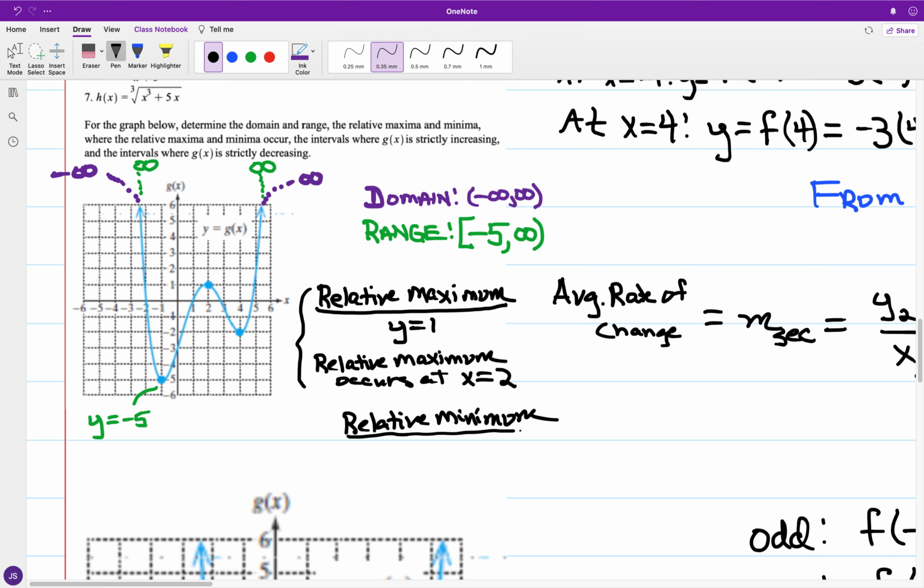And for the relative minimum, or minima, you're going to have your relative bottom points. We have a decrease followed by an increase. So for your relative minimum, you have y at -5. And also you have another dipping point at y equal to -2.